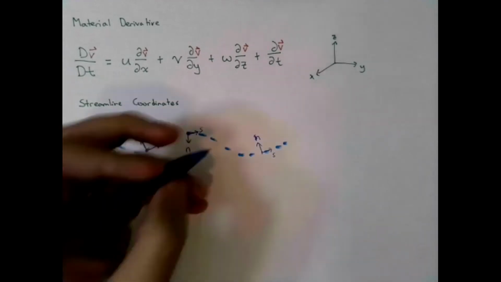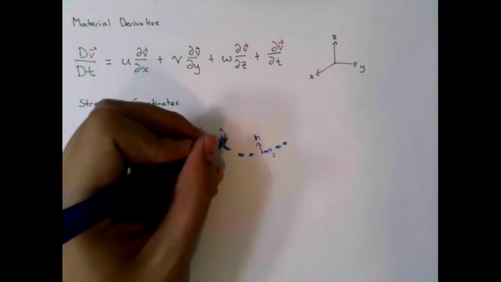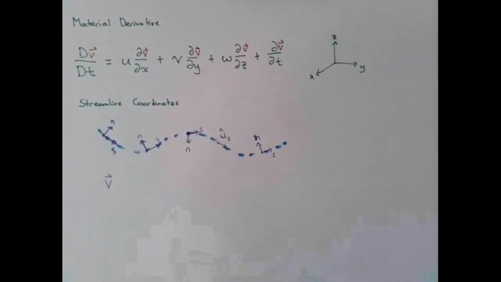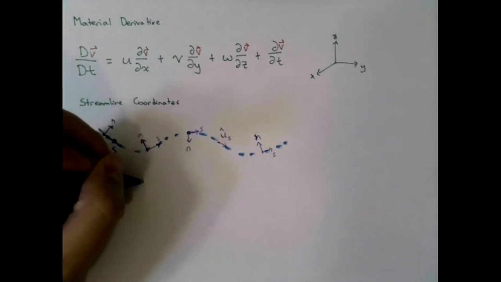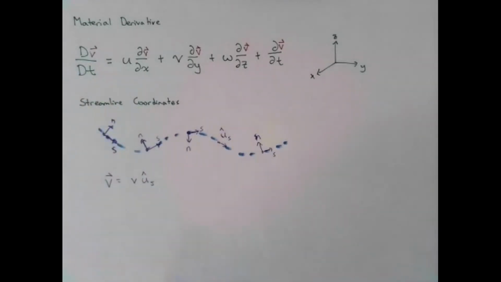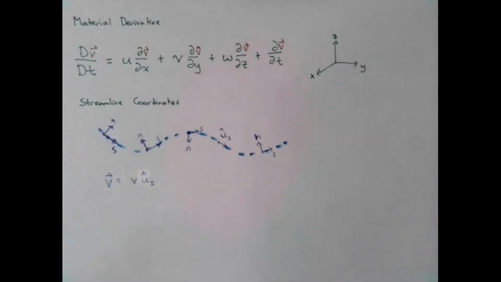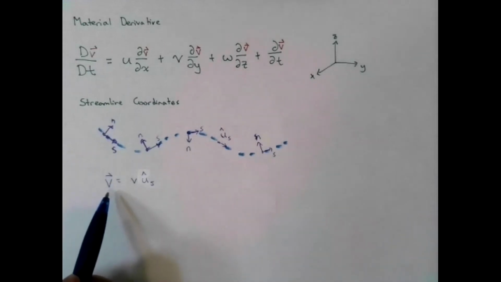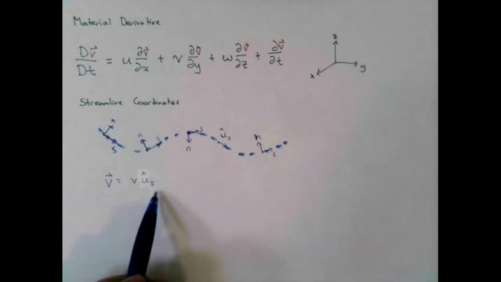Now what that means is that if I could define a unit vector, with magnitude 1, then the velocity vector is equal to the magnitude of the velocity times my unit vector. If you don't remember this, I have some statics lectures where I explain this, not in fluids terms, in terms of force, but any vector is equal to its magnitude multiplied by a unit vector in its direction.